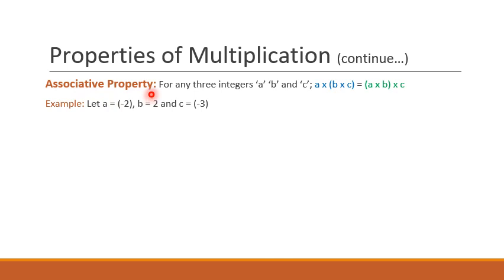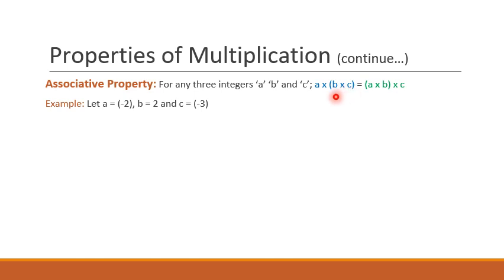The associative property of multiplication says for any three integers a, b, and c, the product a multiplied by the product of b and c is equal to the product of a and b multiplied by c.